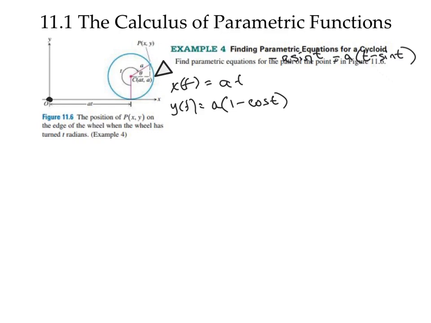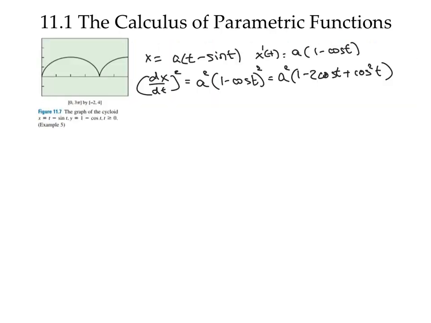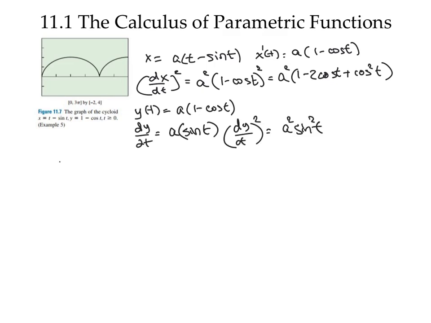That's way more than you'd ever need to know about cycloids, but let's go ahead and calculate the length of one arch of the cycloid. First, I'll calculate dx/dt, and now I'll calculate dy/dt. If you add dx/dt squared and dy/dt squared, you'll notice that you'll have a squared cos squared t plus a squared sine squared t, which you're going to add together to be a squared.